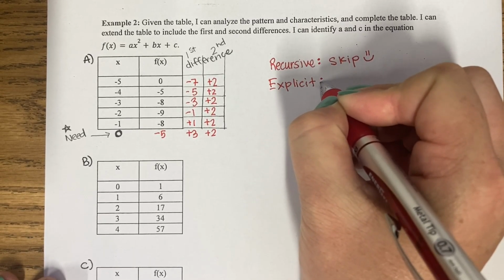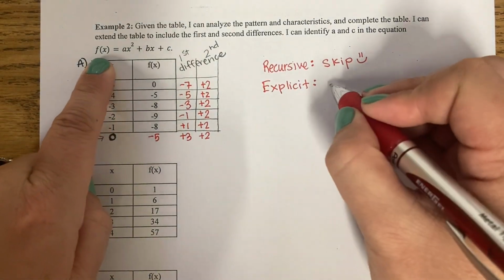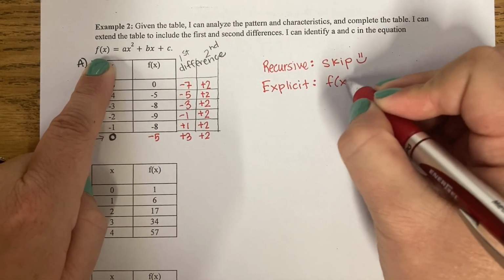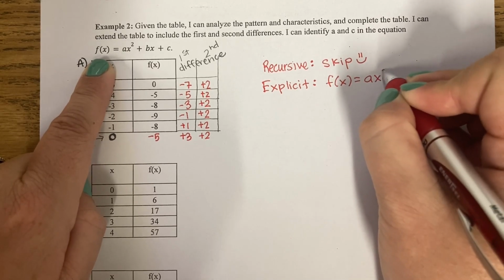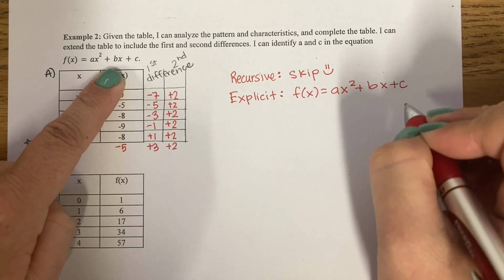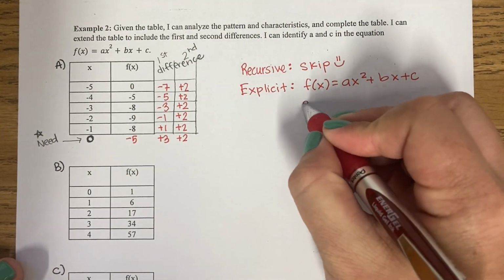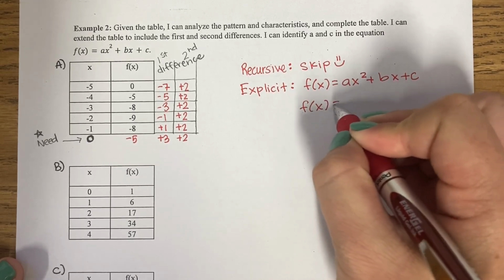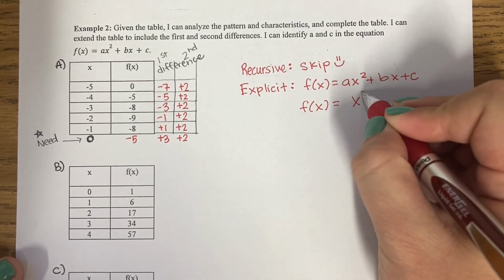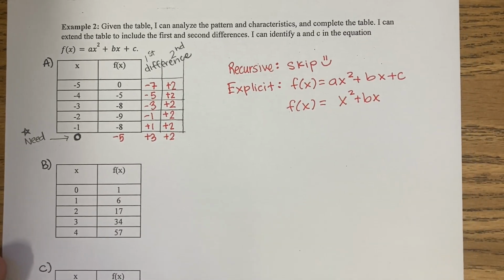Explicit. In this lesson, we're only going to go over finding a and c. The explicit will be f of x equals ax squared plus bx plus c. So when I fill this in, f of x equals, I'm going to show you how to find a, and I'm going to show you how to find c today.